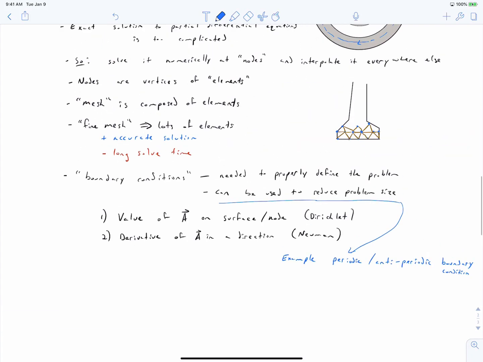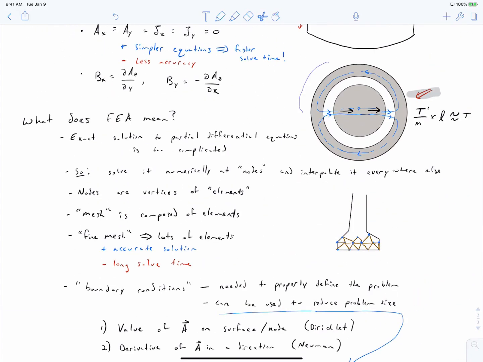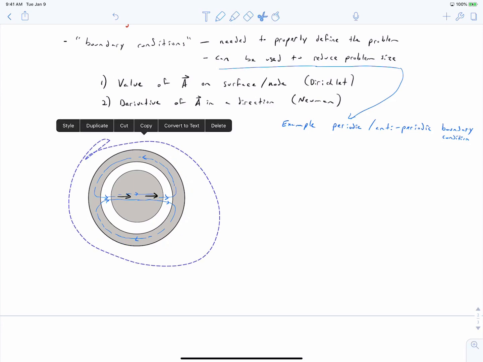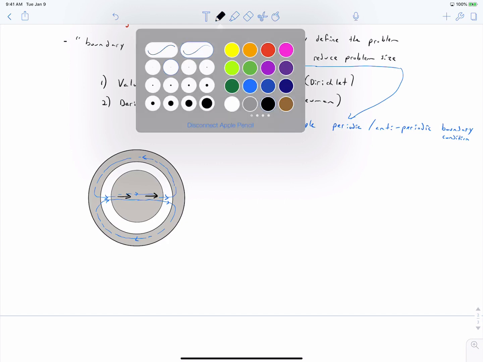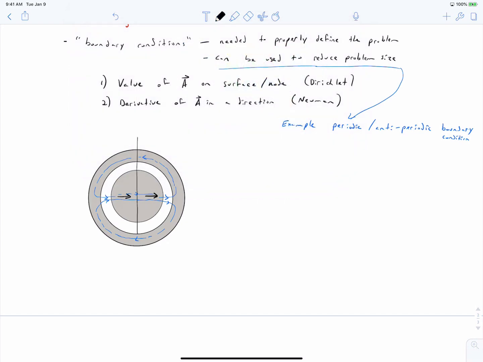So for example, let's go back to this motor that we had up here. We can notice that in this image we have symmetry in that along this plane here, our magnetic fields reproduce themselves in the circumferential direction.